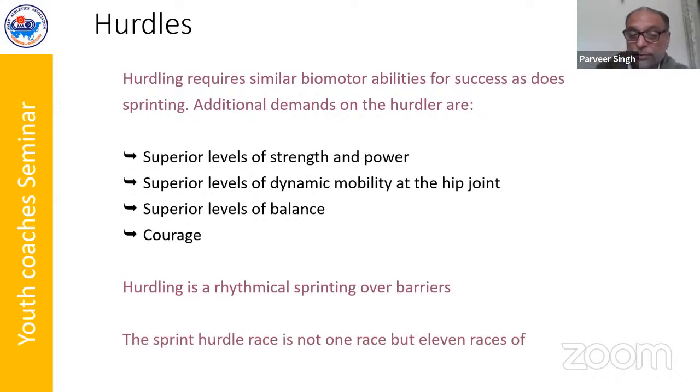The sprint hurdles race is not one race, but 11 races of maximum acceleration, because each time in between hurdles, the sprinter has to accelerate. First, he has to accelerate and achieve velocity at the first hurdle, then 9 times in between, then from the last hurdle to the finish line. So a sprint hurdle race is not one race, but 11 races from start to finish.